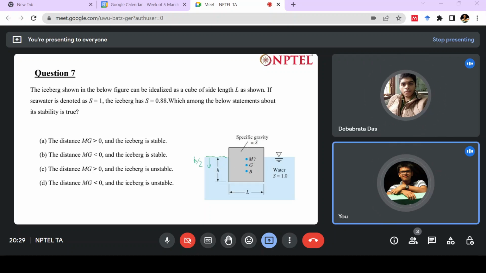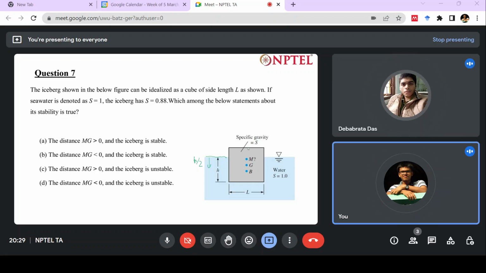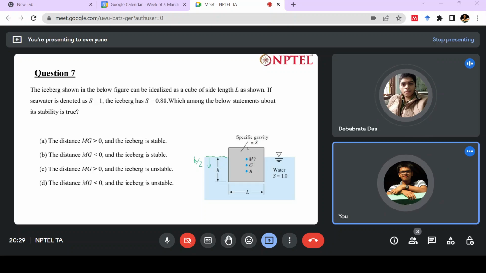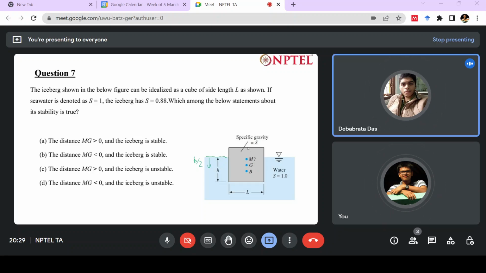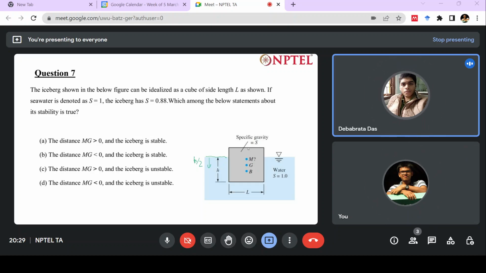If the solid body is uniform, then the center of buoyancy will be the centroid of the submerged portion. And if the body is uniform, then G will be the centroid of the complete body.